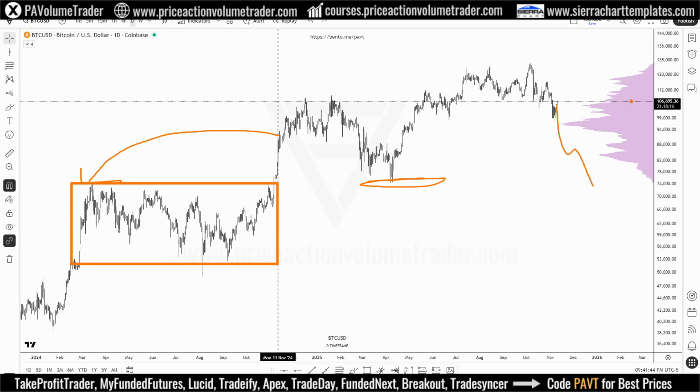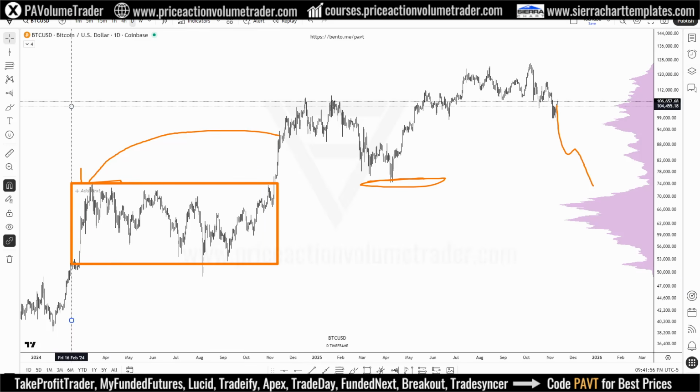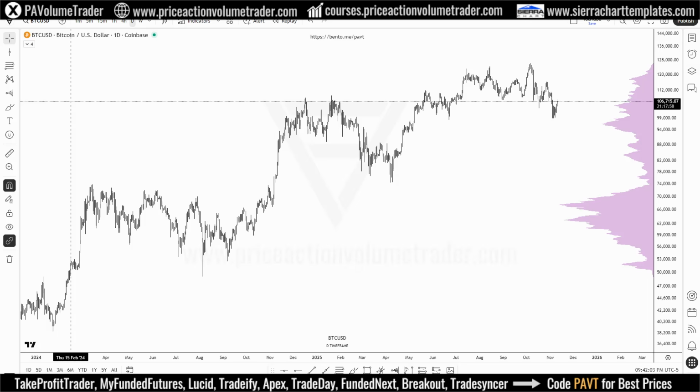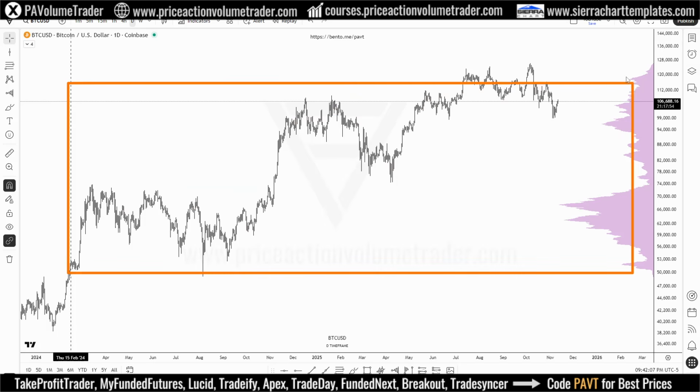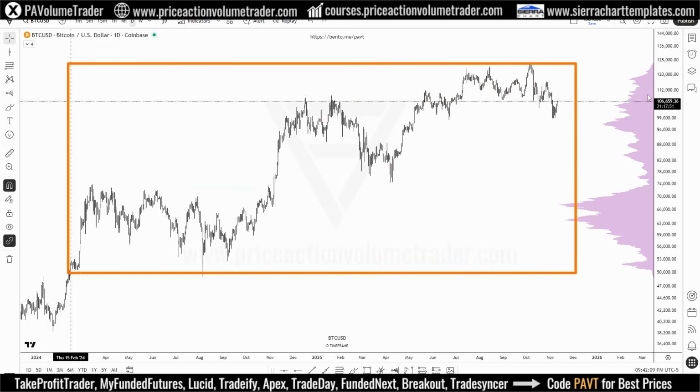And again, this is my personal take. If you want to just pull this all the way back to February 15 of 2024, you can do that. And now you are including everything that you see over here, okay?